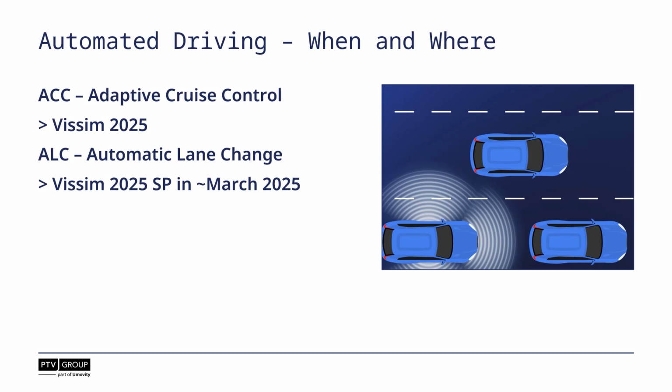The ACC is already included in Vissim 2025. As mentioned earlier, the graphical user interface for the driving behaviors will only be added just now. The ALC will be included in one of the next service packs, which will likely be released in March.